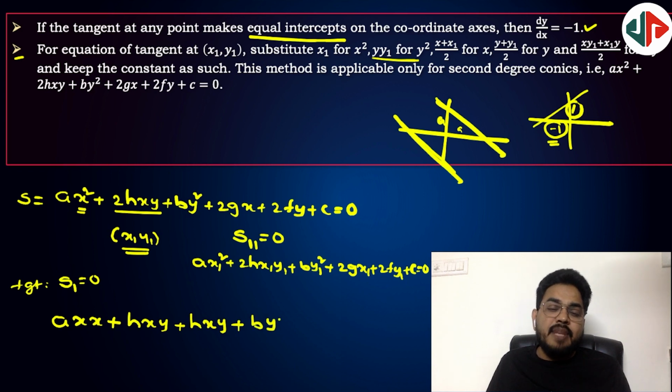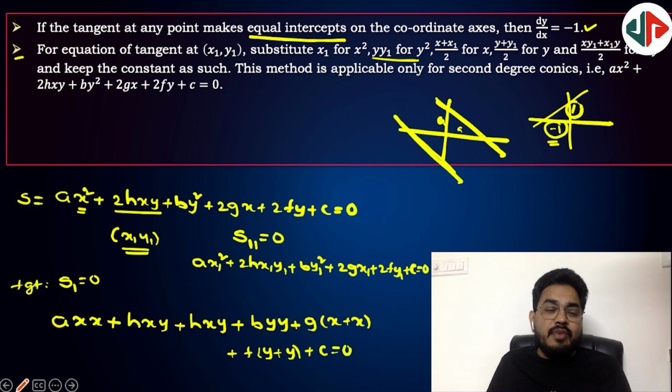I will write b into y·y, plus g into x plus x, plus f into y plus y, plus c is equal to 0. Now, if I want to find the tangent, what I'll simply do is, one set of (x, y), I'll make it constant.